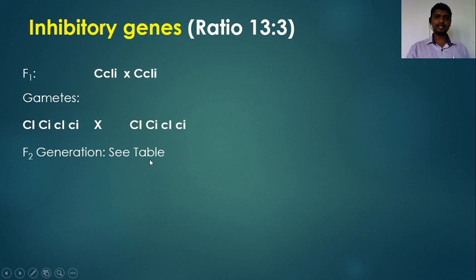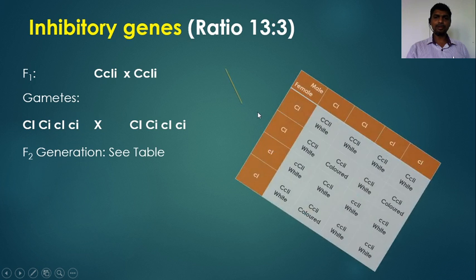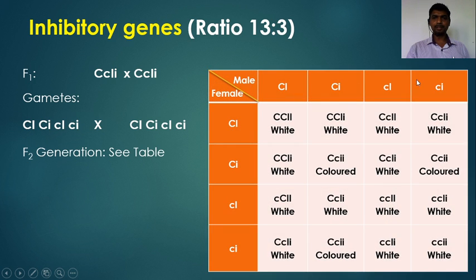Now these gametes are fused with each other. Here we are going to make a checkerboard. These are the gametes from the male parent, these are from the female parent, and by the fusion of the male and female gametes, the progeny produced have a genotype of, for example, capital C, capital I from the male side, and from the female side it can produce the progeny capital CCII, while the phenotype is white.